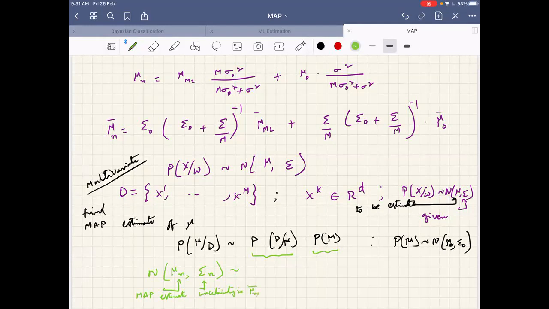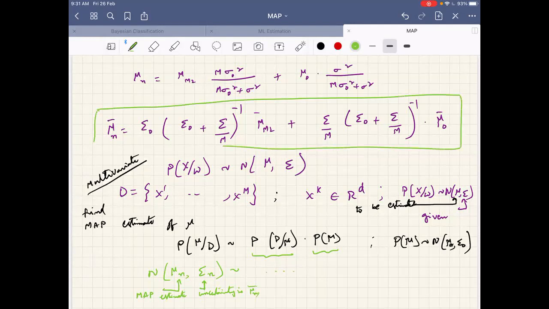If we do this comparison, finally, if we write mu n bar, how it looks is like this. As you can see, this has a resemblance with respect to this. Assume that I am bringing out sigma naught; sigma naught square is sigma naught here. So m times sigma naught square, I assume that I have divided both numerator and denominator with m.